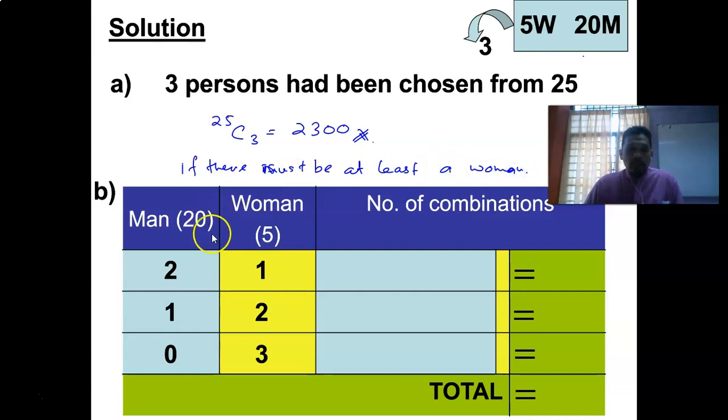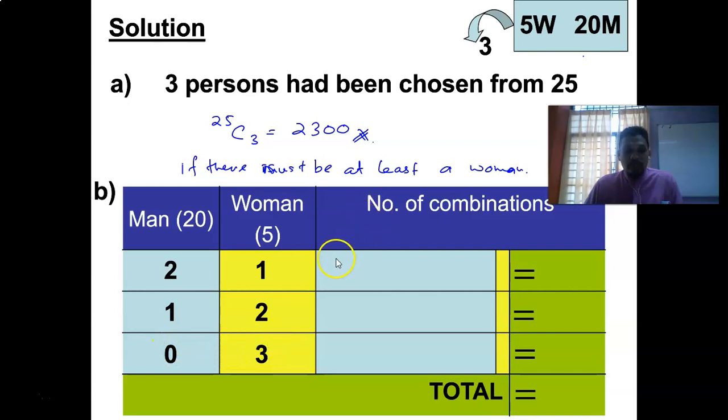So the members of 3 combined, we call it a member of 3, must have at least 1 woman. If we send all 3 men, then our participant will be rejected. So now 2 men and 1 woman, 1 man and 2 women, or no man at all and 3 women.